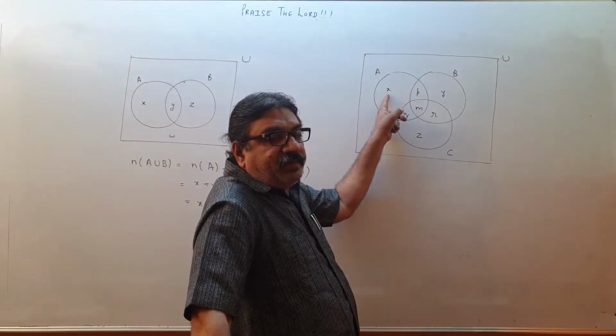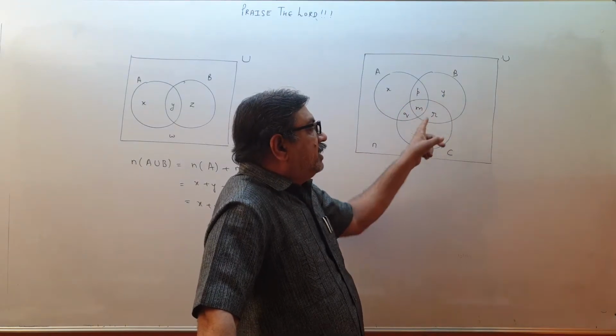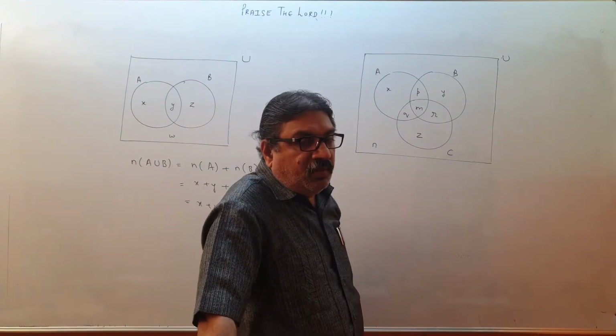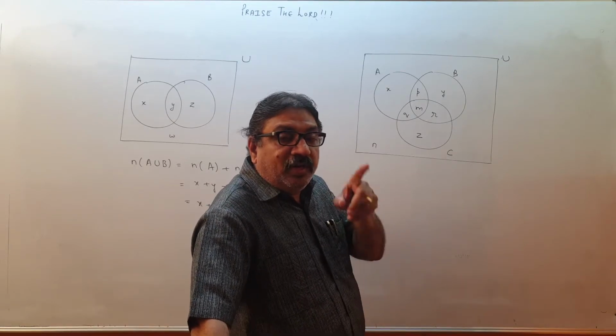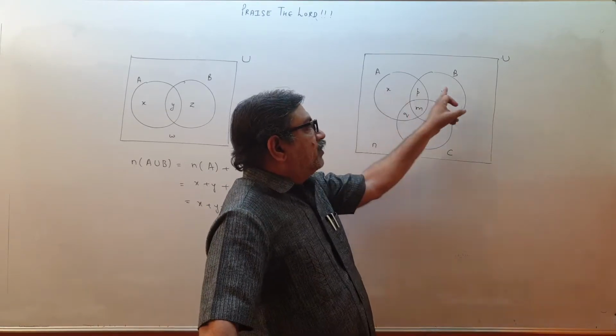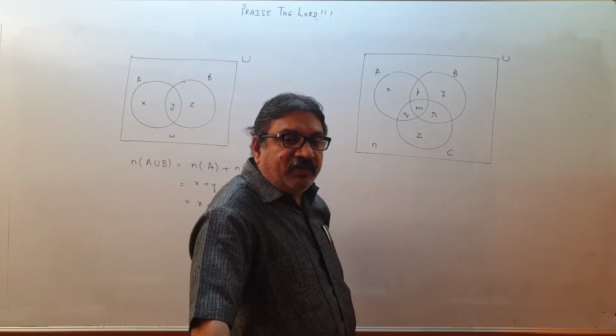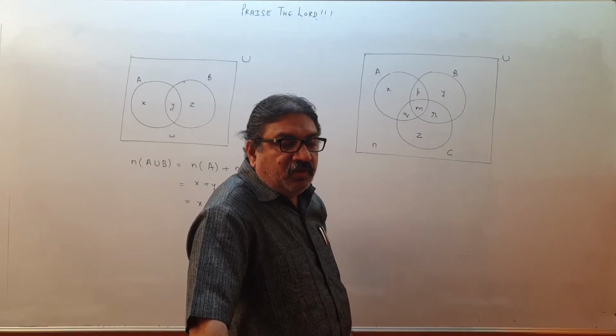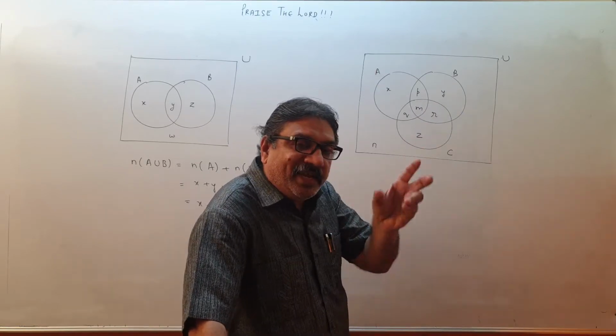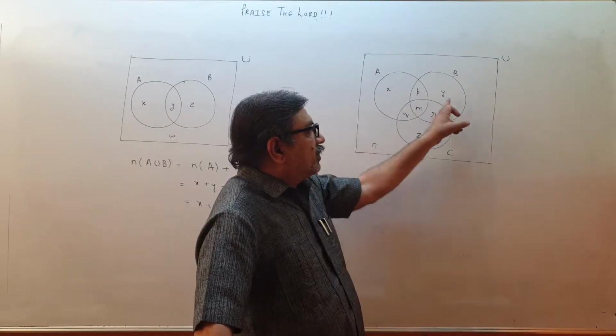X means only A, Y means only B, Z means only C. So if you are asked only one set, it means X plus Y plus Z. Only one set. It can be either A or B or C. The number of elements present only in one set, that will be X plus Y plus Z.